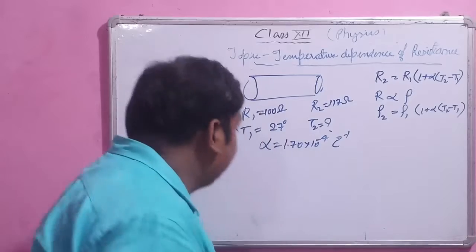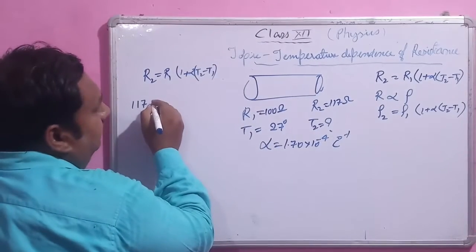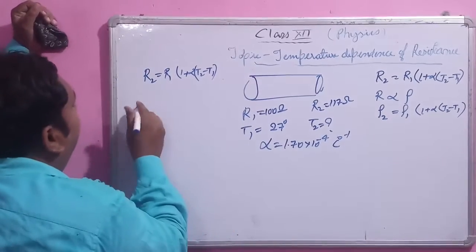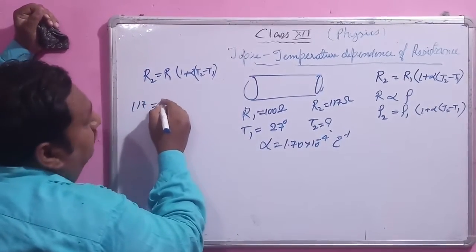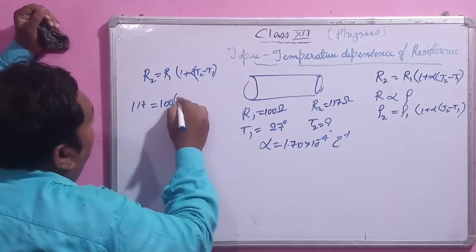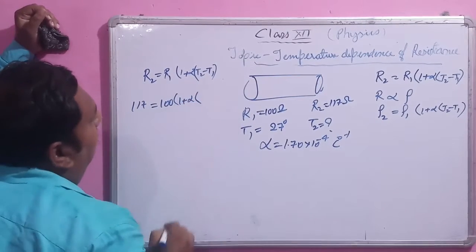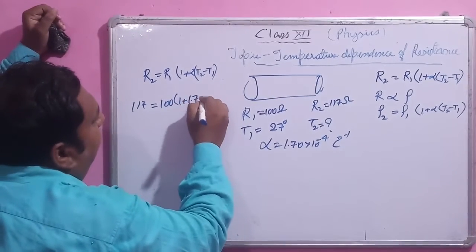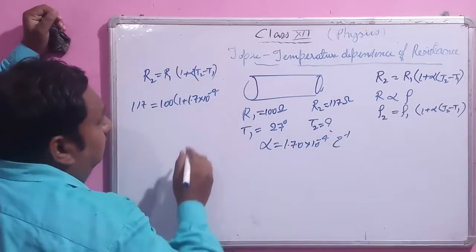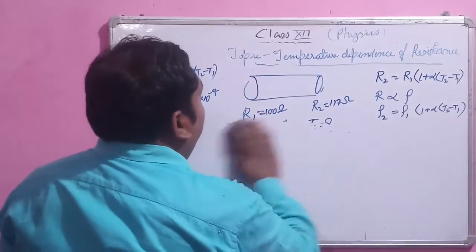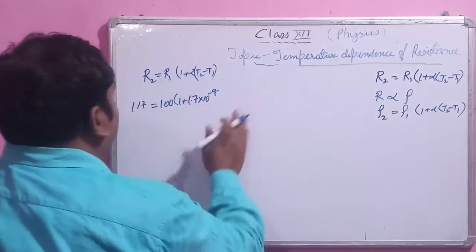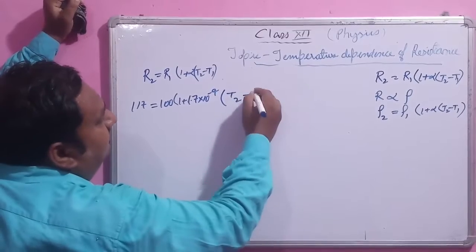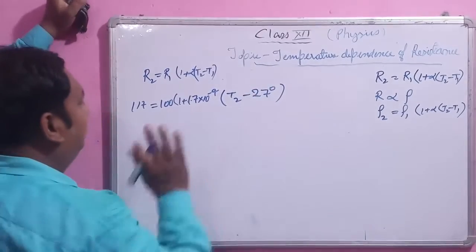So 117 equals 100 into 1 plus alpha into T2 minus T1. The value of alpha is given, 1.7 into 10 raised to power minus 4, and T1 is 27 degrees Celsius. Now this equation we have to solve.